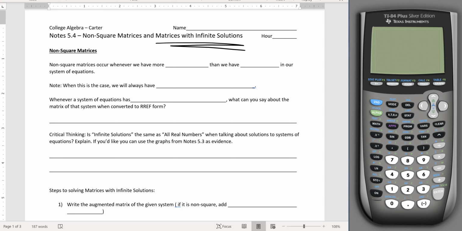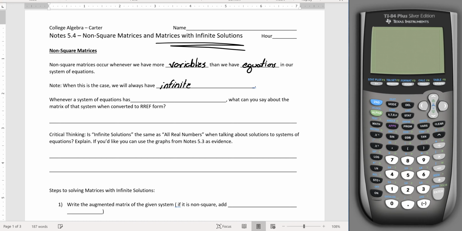So I want to start by talking about non-square matrices. Non-square matrices occur whenever we have more variables than we have equations in our system. So, for example, if we have 3 variables but only 2 equations, that would be an example of a non-square matrix. And whenever this occurs, we're always going to have infinite solutions.